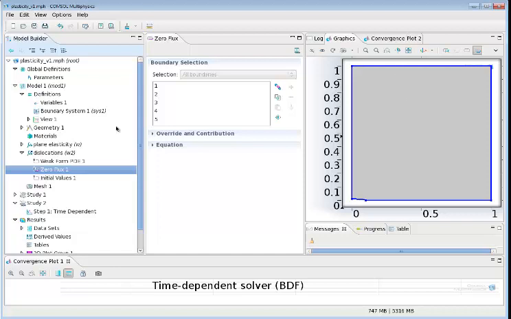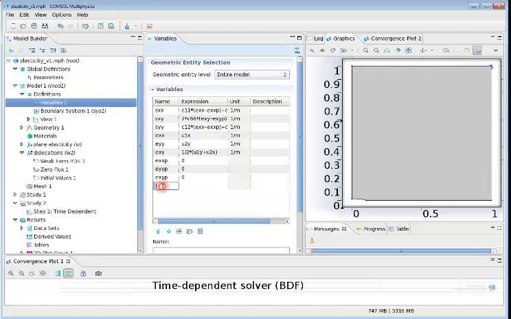Alright, so we need to define some things. We need eta. So from the assignment, we have a constituent parameter A times gam. We have Z1.